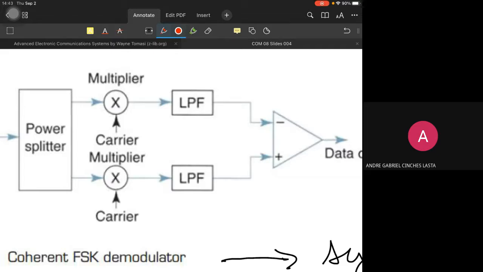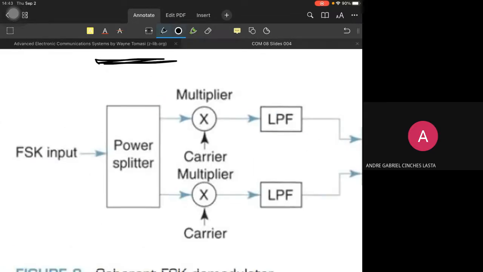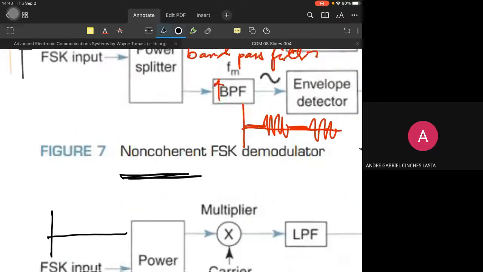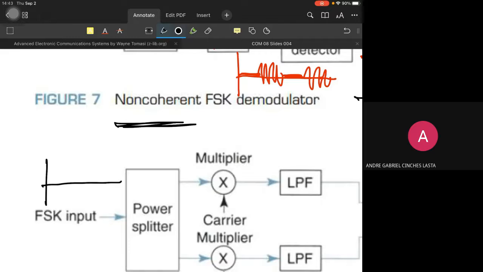Kani demodulation naman, so modulator, multiplier. Okay? So, ang atong input, which is output sa modulator sa transmitter, is FSK gyapon.